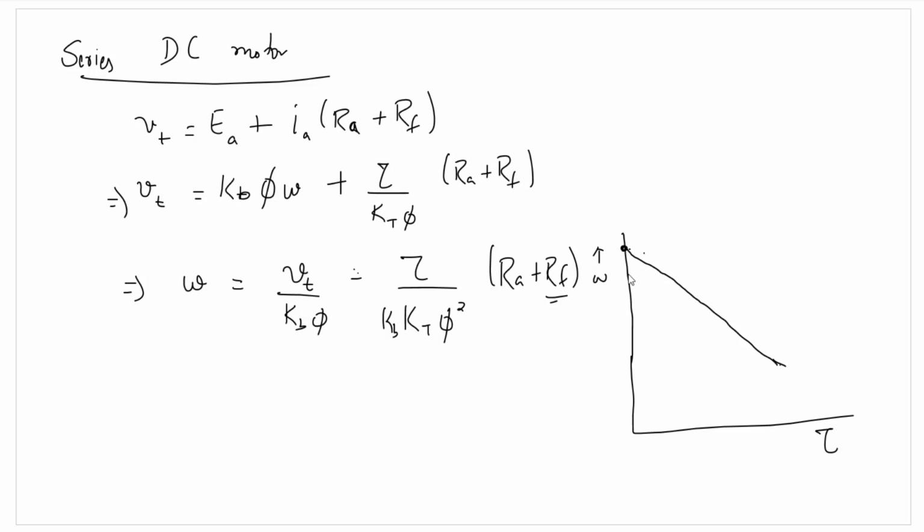So if this was the torque speed characteristic of a shunt DC motor, these are the characteristics of a series DC motor. Now in case of a compound DC motor, we will find a similar type of equation. The torque speed characteristics will lie somewhere in between the series and shunt DC motors. So these are the torque speed characteristics of shunt, series and compound DC motors.